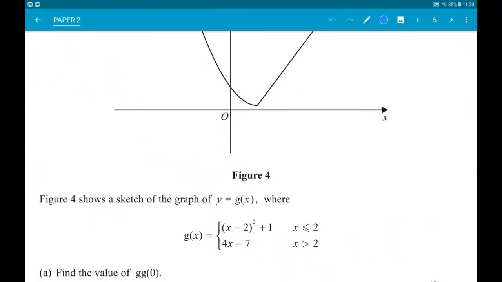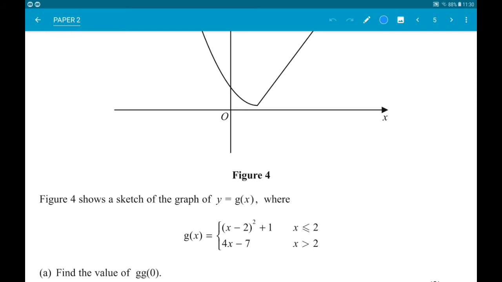Number 6. So this time we have a sketch of g of x, where g of x is a piecewise function. So, for x less than or equal to 2, g of x is x minus 2 squared add 1.